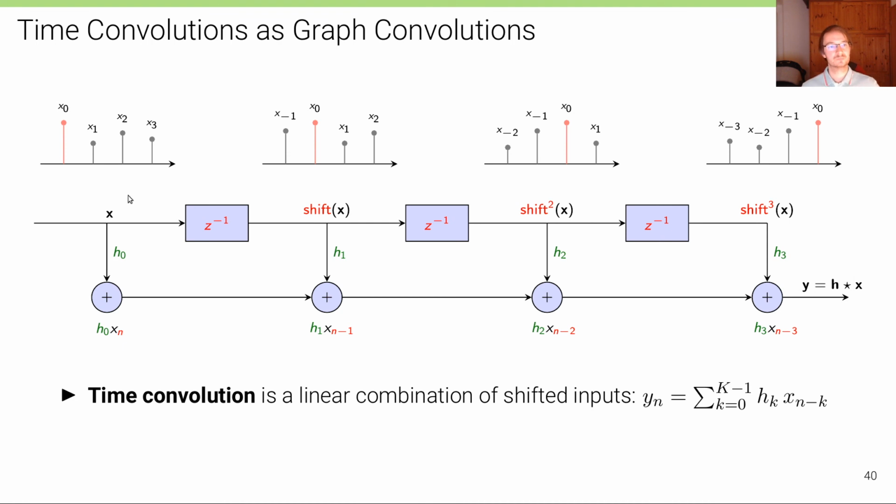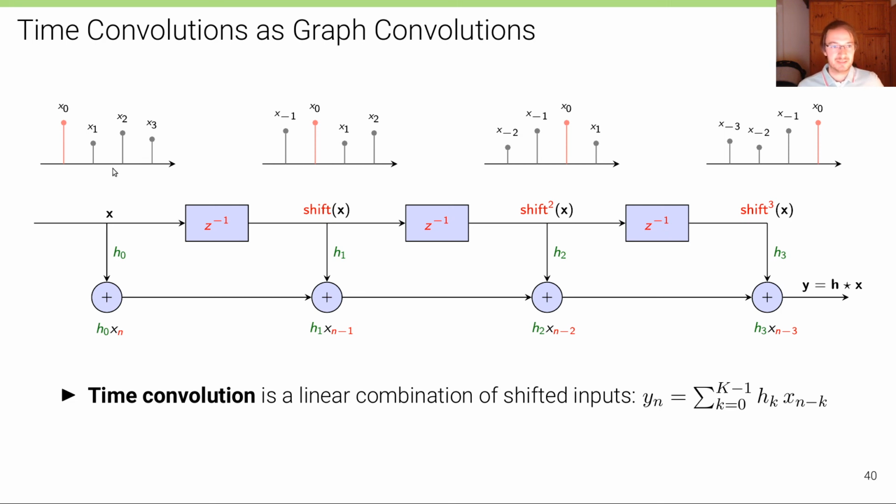So we have this input sequence here on the top, and if we want to compute a time convolution, which we have written down here, this is now the correct notation of convolution, not like the one with the plus that we had for defining convolutional networks in a simple manner. So we have the sum from k equals 0 to K minus 1 of the filter coefficients hk times x of n minus k. So this is just the definition of the regular convolution in 1D.